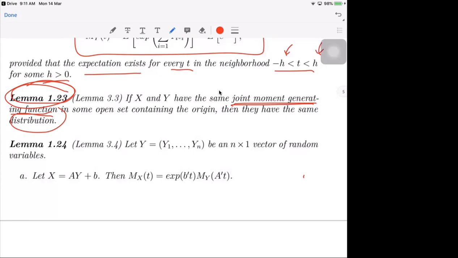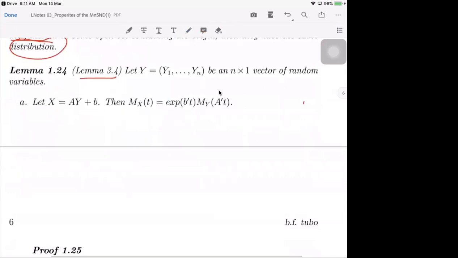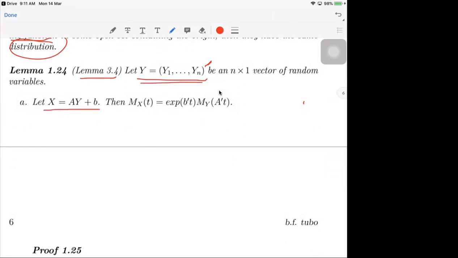Okay, the next lemma, 3.4 in Arnold. You have a y, an n by 1 vector of random variables. Then y has its own moment generating function. Let us call it M_y(t).